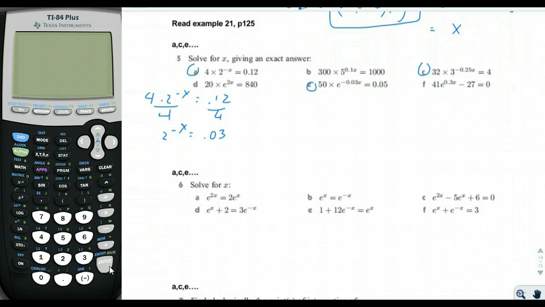And then you could take the log of 2 to the negative x is equal to the log of 0.03.